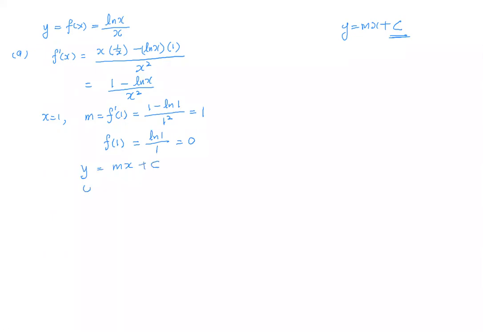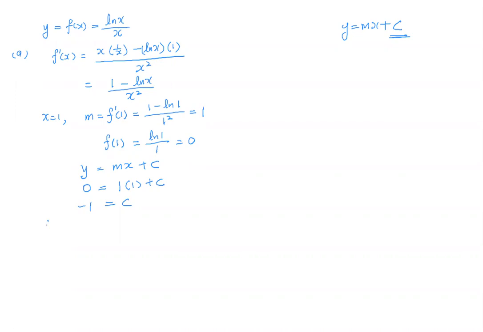If you don't want to write down this formula, it's fine, you can straight away substitute. So therefore, c is -1. You don't have to write down the equation of the tangent because this question wants the y-intercept.